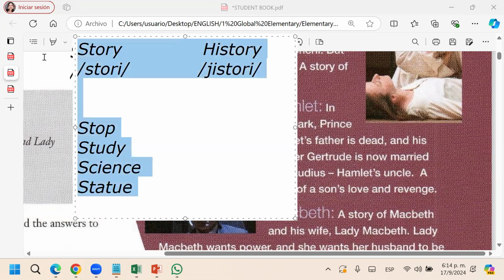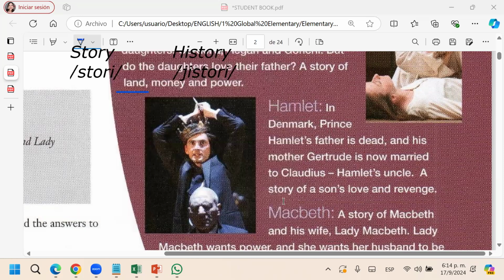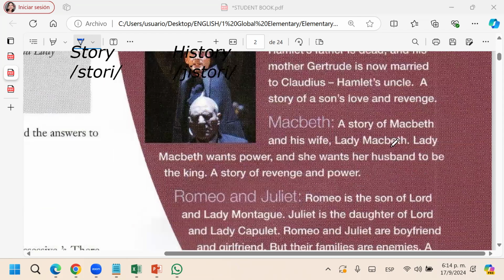So this is a story here. Story of a son's love and revenge. Let's see the next one. Let's see Macbeth. Who wants to read Macbeth? A story of Macbeth and his wife.